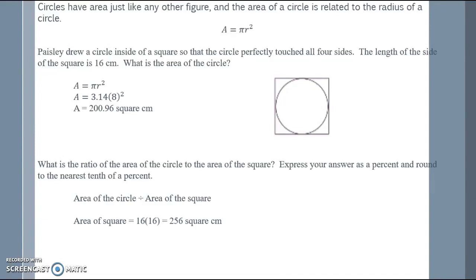So the area of a square, knowing that each length is 16, would be 16 times 16, or 256 square centimeters. So if I write this as 200.96 divided by 256, we get 0.785, or 78.5% rounded to the nearest tenth of a percent.